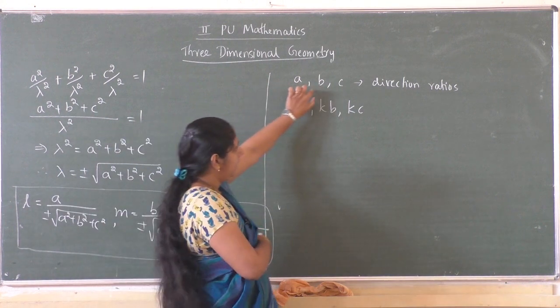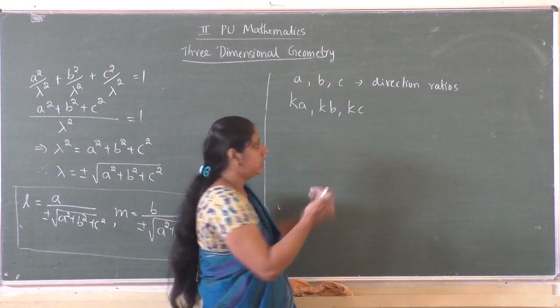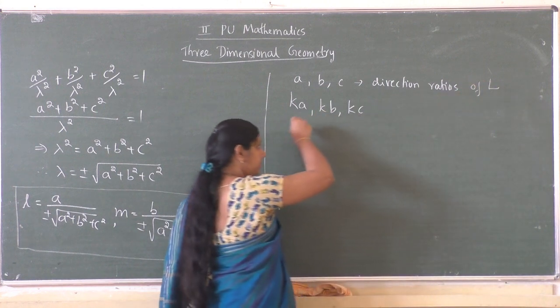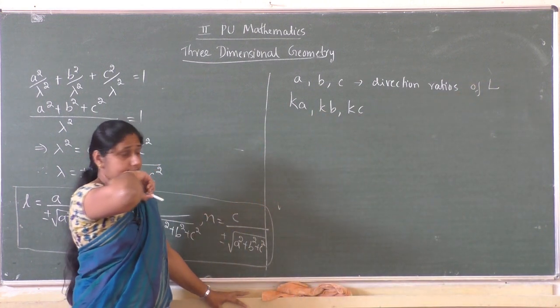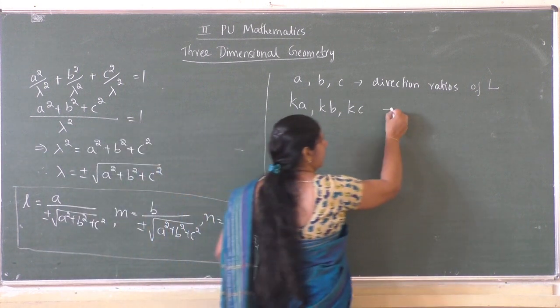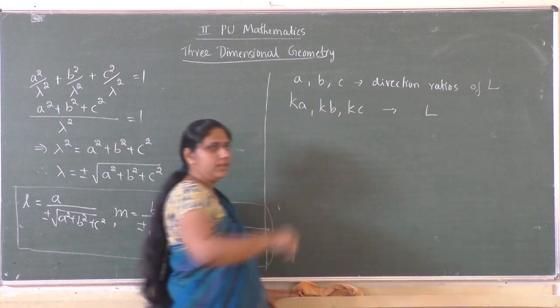So if A, B, C are the direction ratios of a particular line L, then KA, KB, KC are also the direction ratios of the same line L.